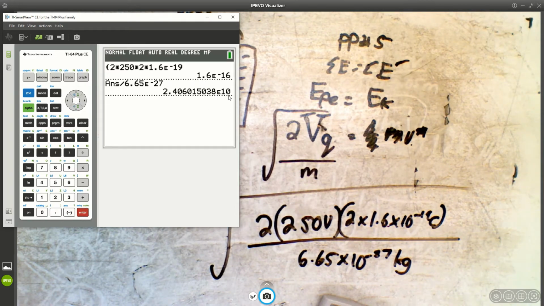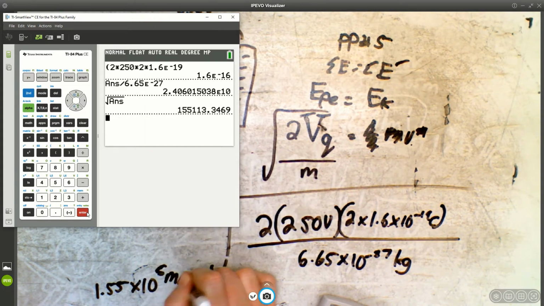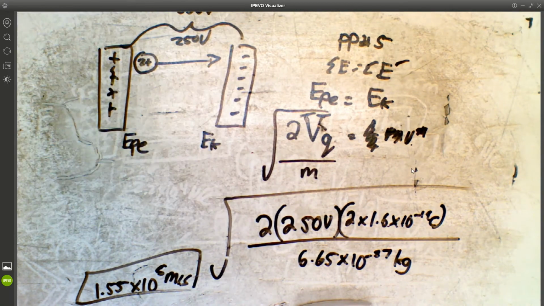We get that. This is faster than the speed of light, which isn't possible, so that should indicate, oh, we did something wrong. We forgot to square root it. So we square root it, and we get 1.55 times 10 to the 345 meters per second is our speed of our alpha particle as it goes across that voltage. Okay.